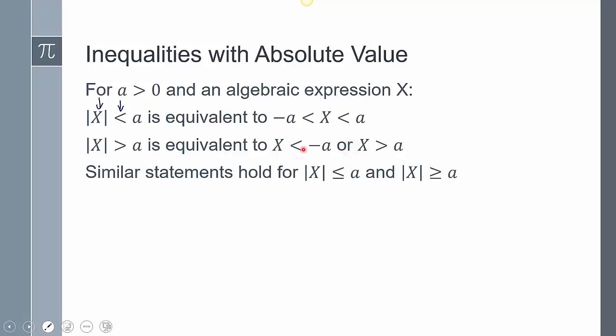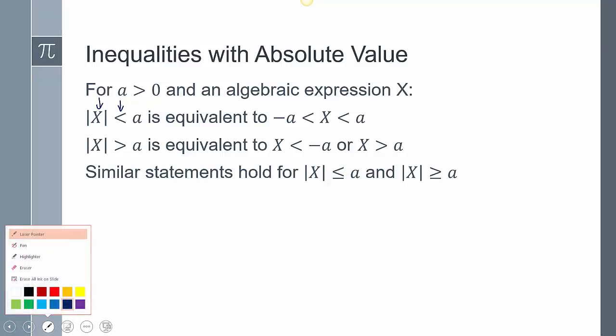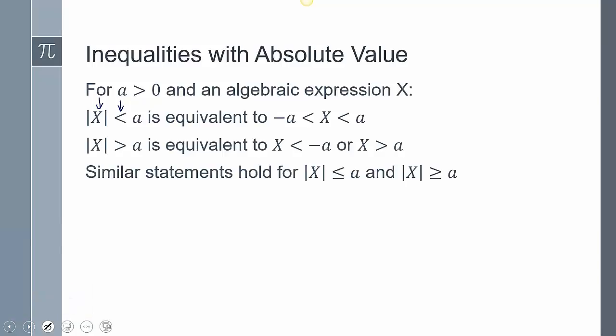So it's going to be less than the negative version or greater than the positive version. Notice this piece is the same as this one, and when I changed it to negative, that changed directions. Just understand that this works for both the greater than and less than, or equal to statements.